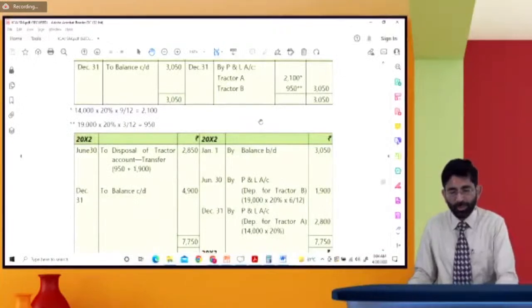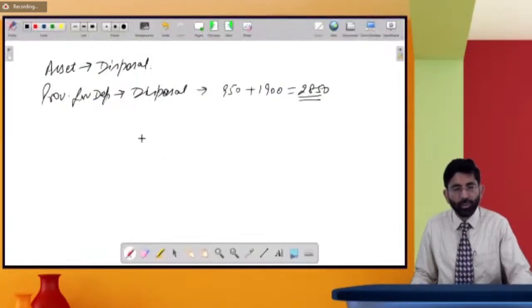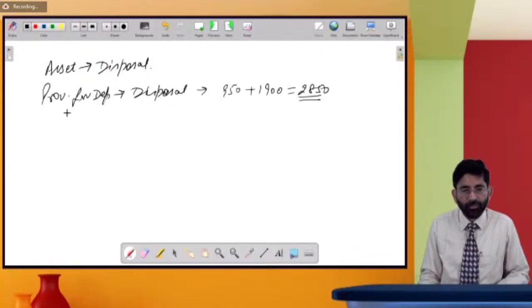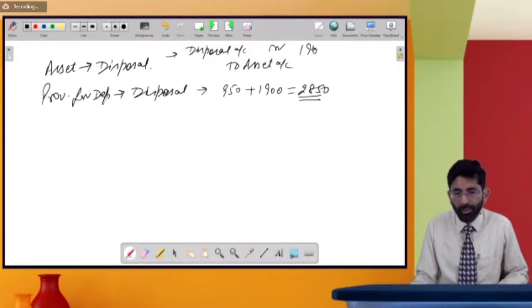So see the disposal account and provision for depreciation account entries. Provision for depreciation to disposal account, 2,850. You may pass this entry also. The entry is disposal account debit to asset account, 19,000 rupees.